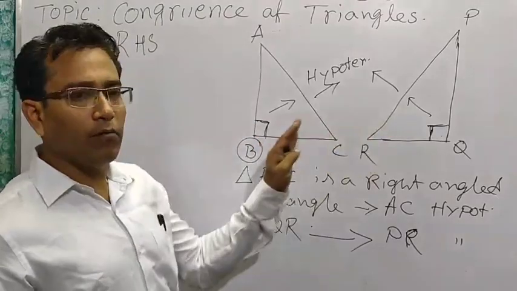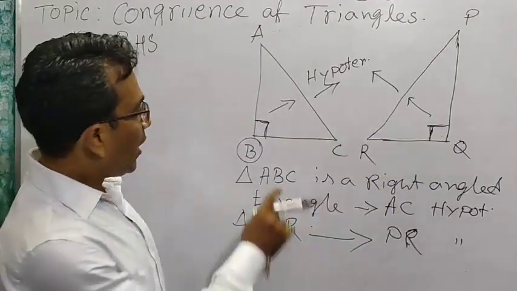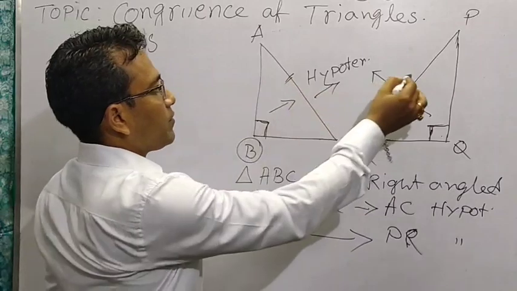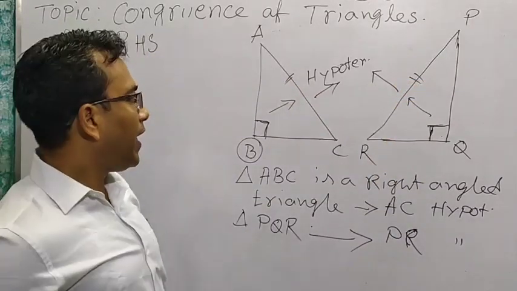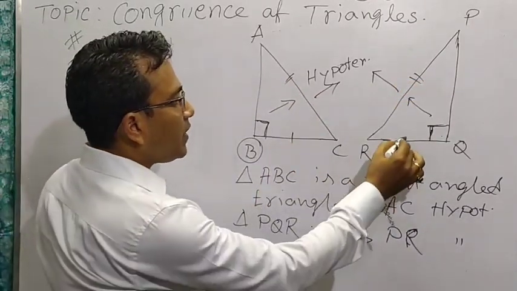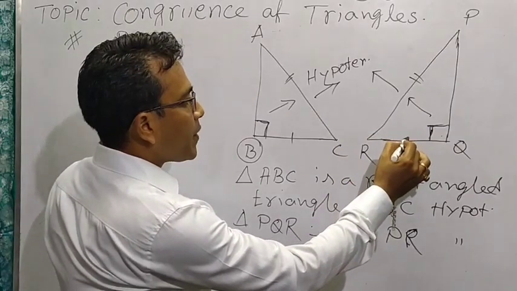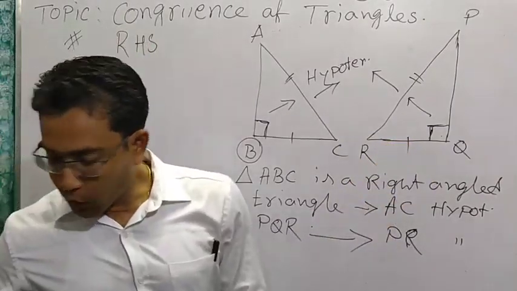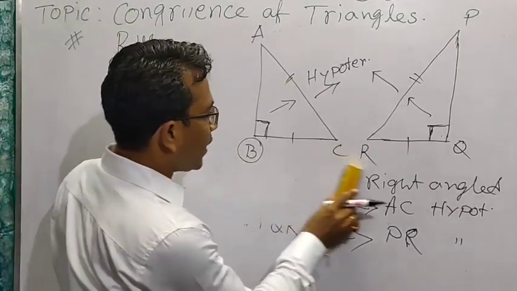So what to prove? Right angle, okay, both are right angles. Now the hypotenuse, and say BC equal to QR. In this case, how can we prove it?